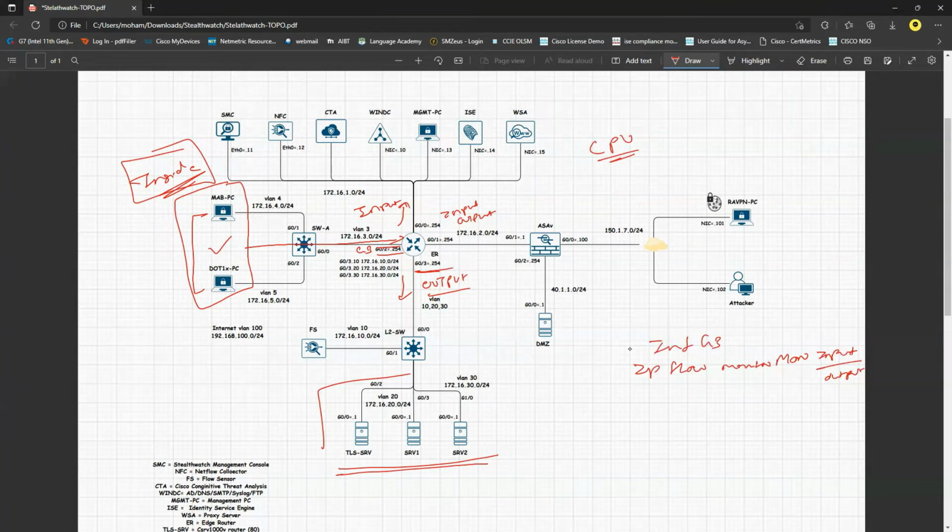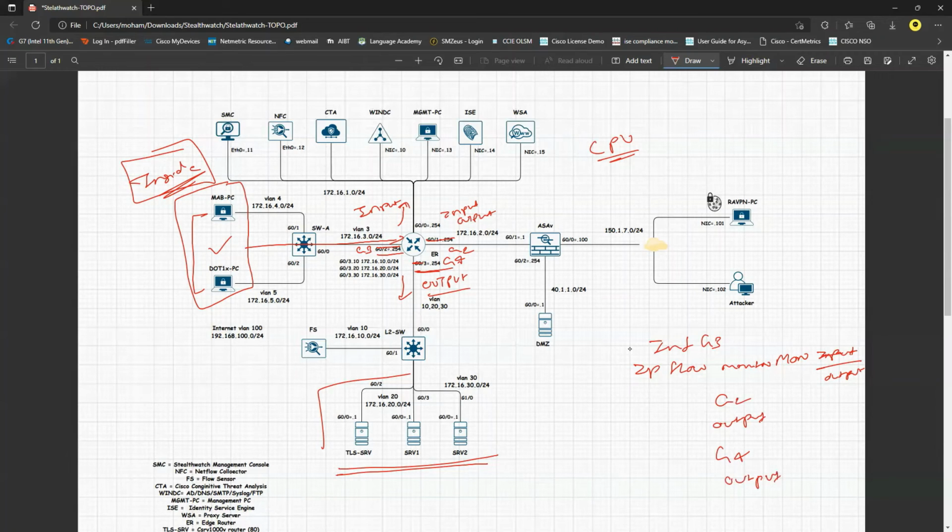My gigabit 3 is capturing the input, gigabit 2 will be capturing the output, and also gigabit 1, 2, 3, and gigabit 4 will be capturing the output.